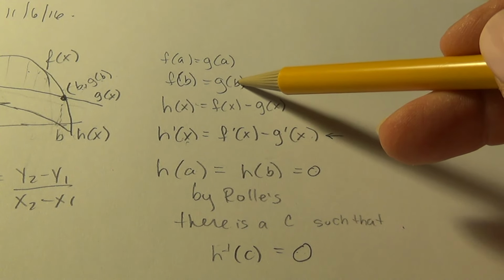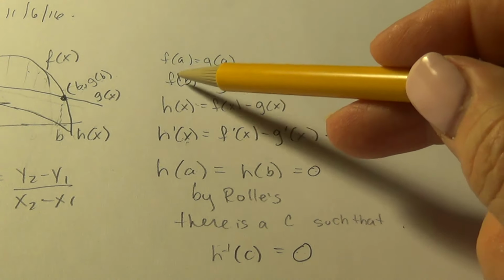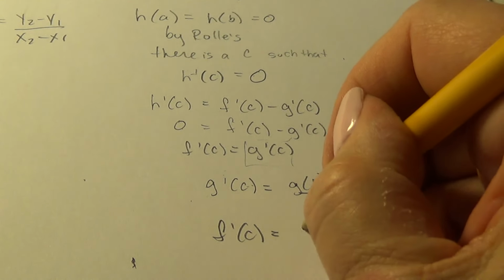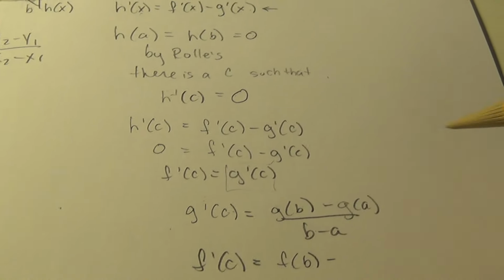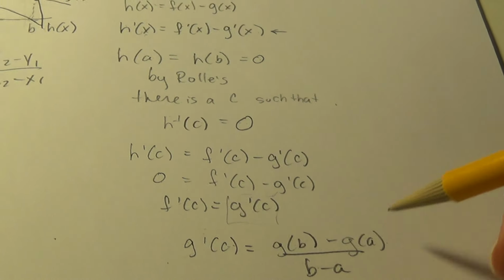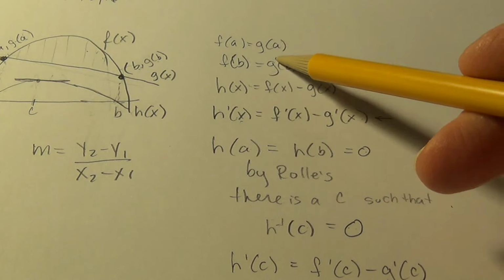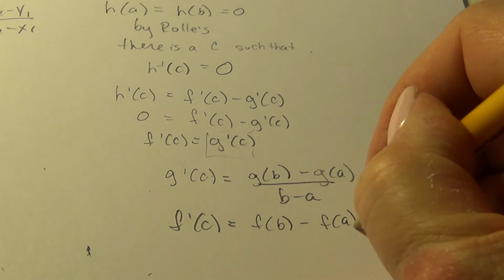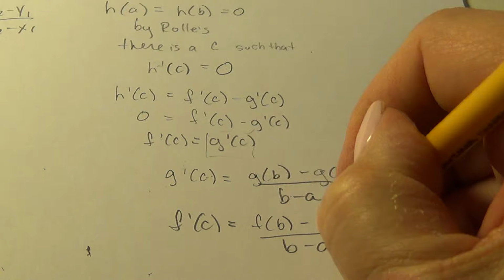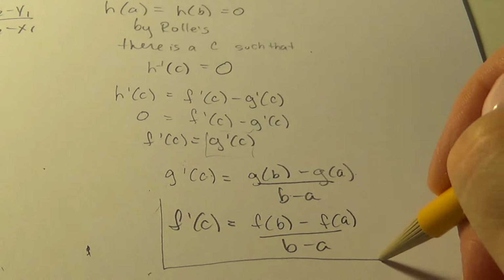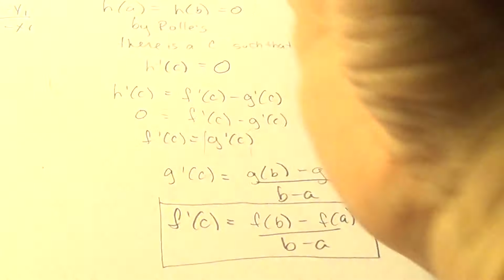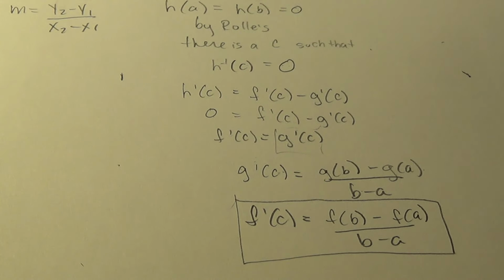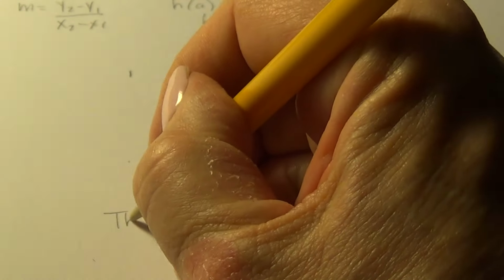Very first statements, I have g of B is the same as f of B. So I'm going to replace that. Is there anything I can replace g of A with? G of A is f of A. So I have what I have aimed for. And I have now established what is called the mean value theorem.